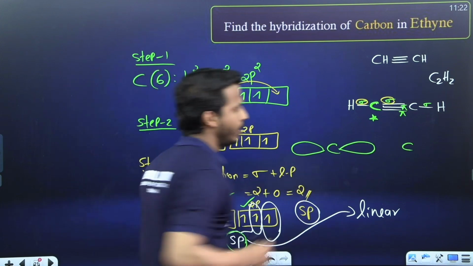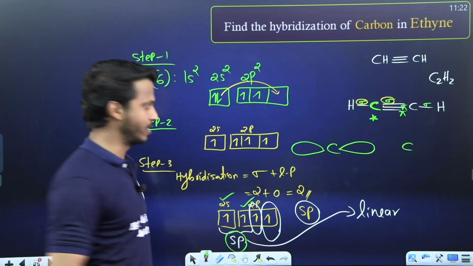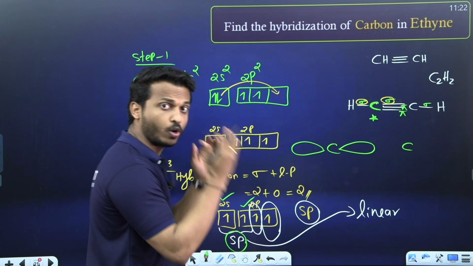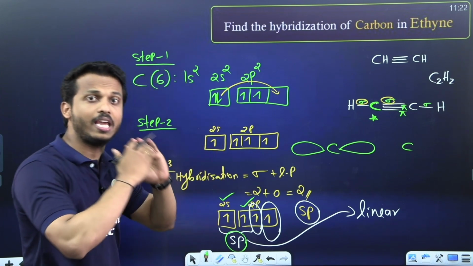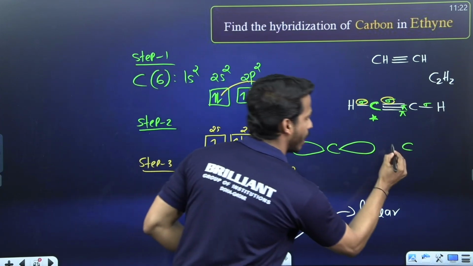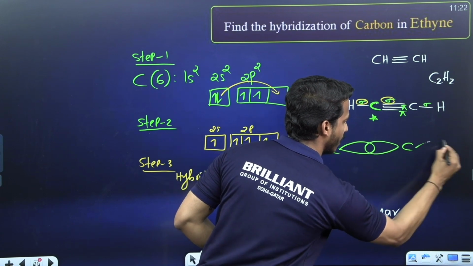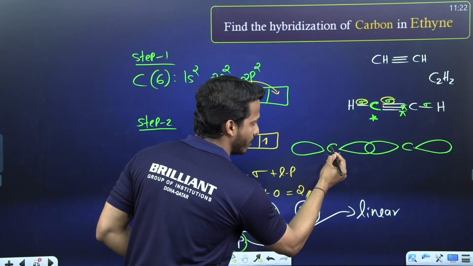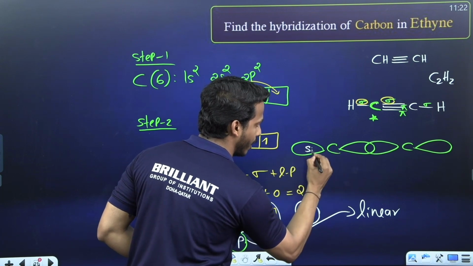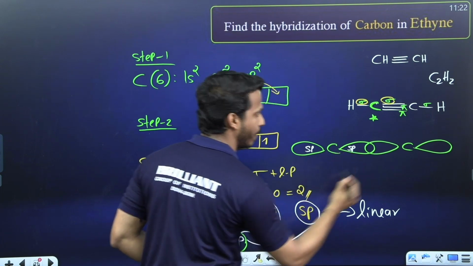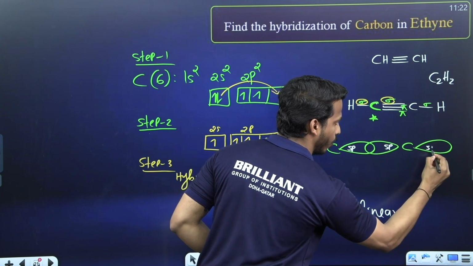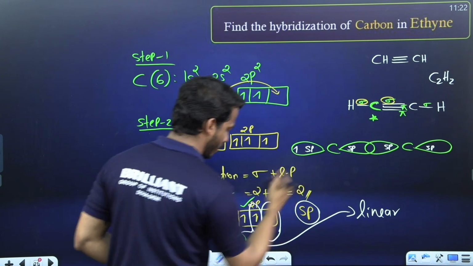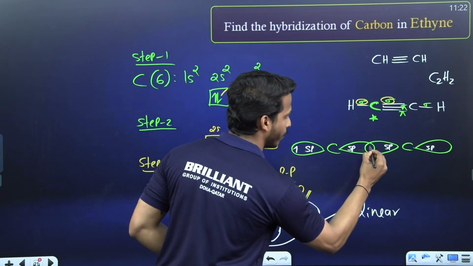Ready? Here also we have 2 orbitals, so 2 sp orbitals. What we are doing for one carbon, same for the other carbon. So this carbon also carries those 2 orbitals. These are the sp orbitals of this carbon and these are the sp orbitals of the other carbon. And you know, they carry 2 electrons. So 1, 1.